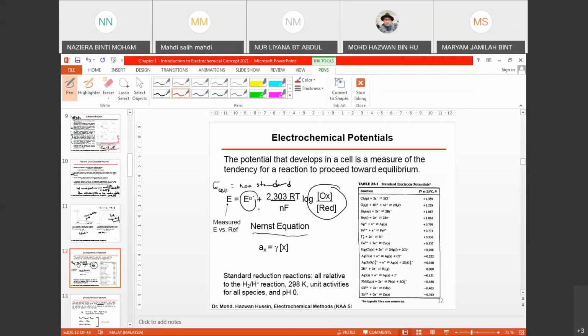That is why in the Nernst equation, the formula is E cell equals E naught cell plus 2.303 RT over NF log concentration of oxidation over concentration of reduction. Sometimes you can see this as product over reactant.